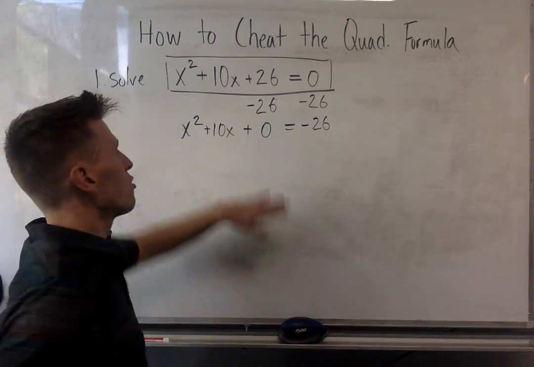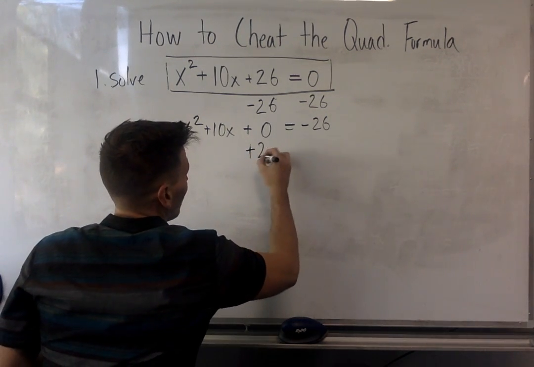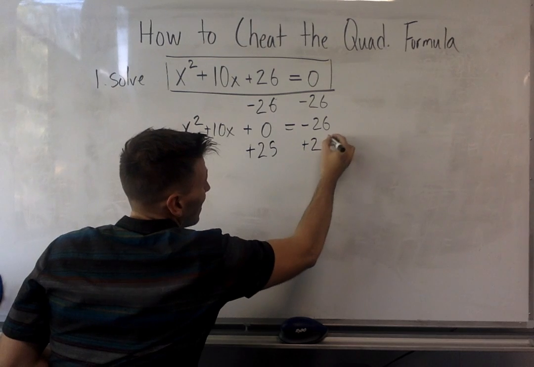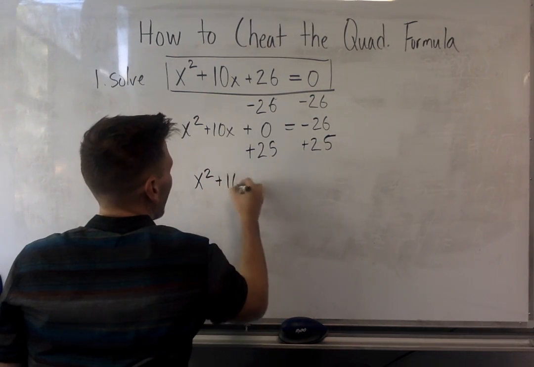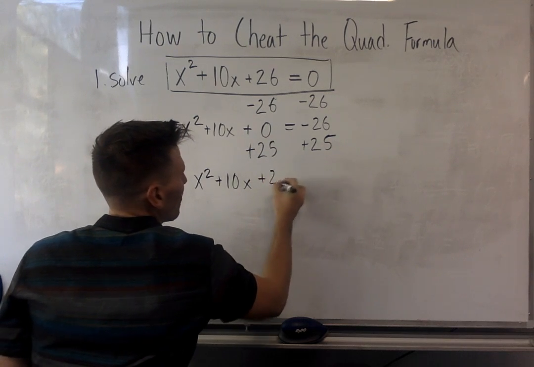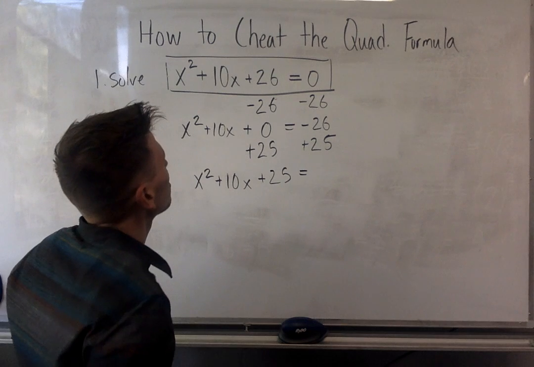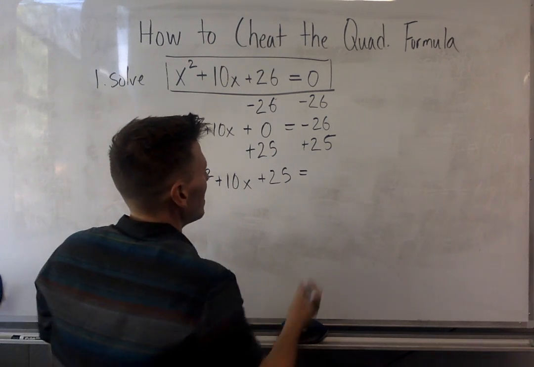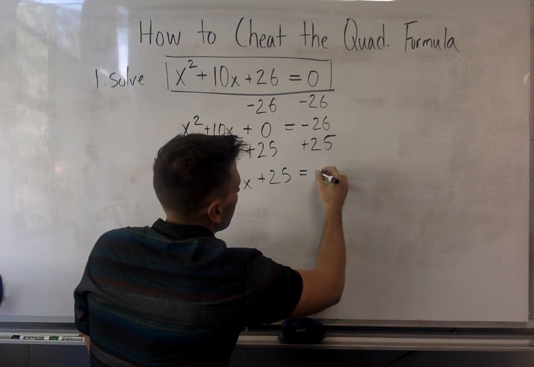Still holds true, and now I wanted this to be a 25, so I will just add 25 to both sides. And I get x squared plus 10x plus 25 is equal to negative 26 plus 25, which is equal to negative 1.